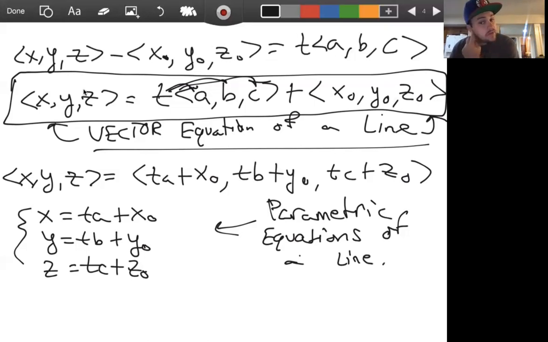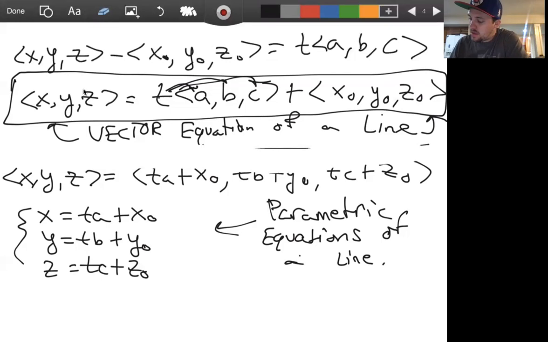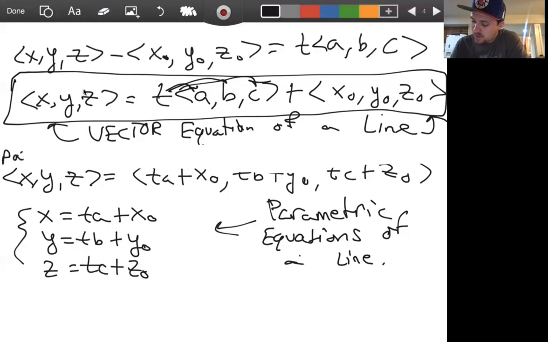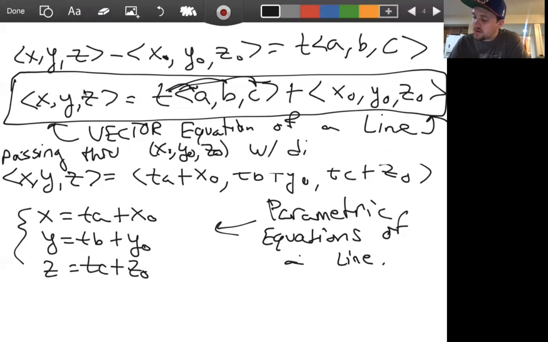Okay, and to be more formal here, when I say the vector equation of a line, what I should really say is the vector equation of a line passing through the point x naught, y naught, z naught with direction vector v.